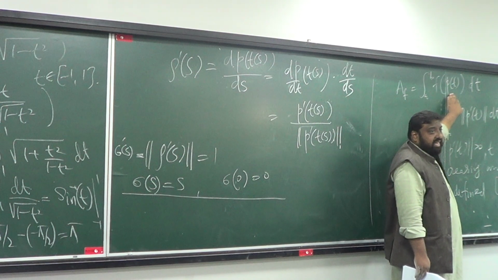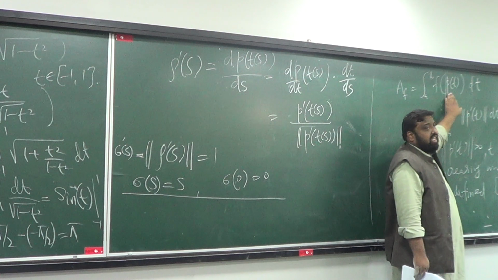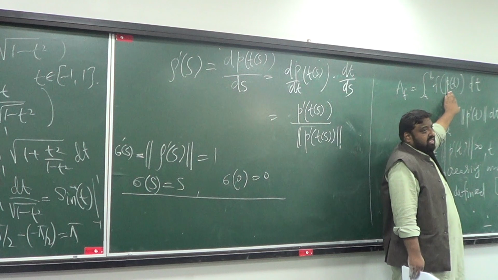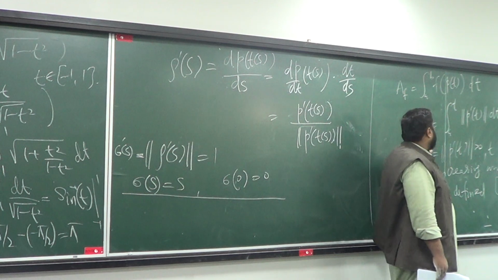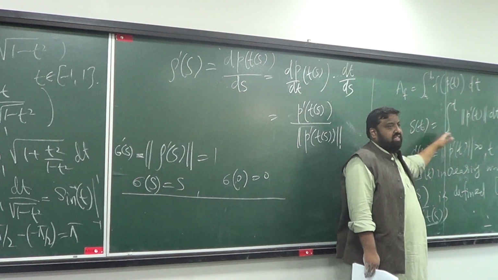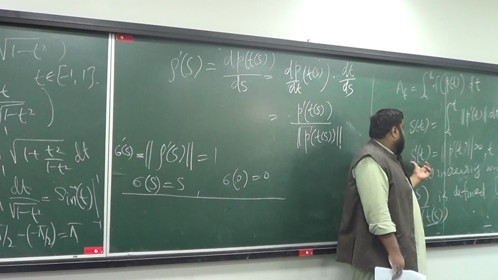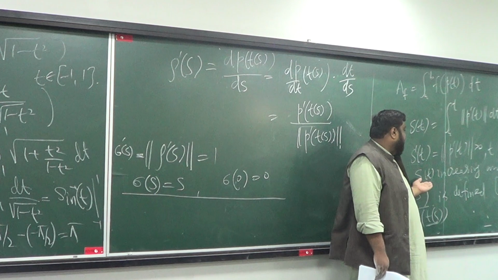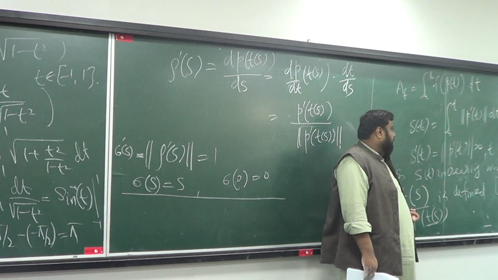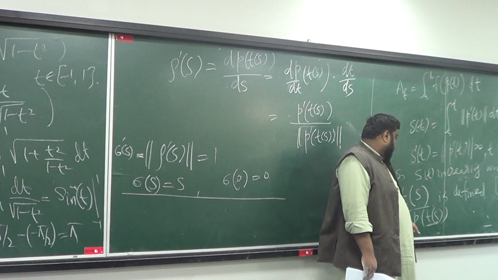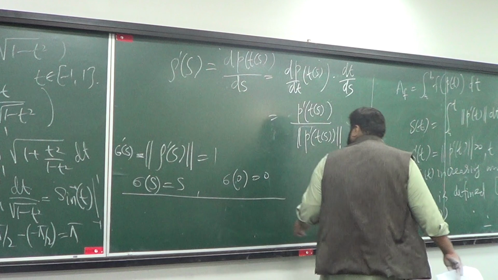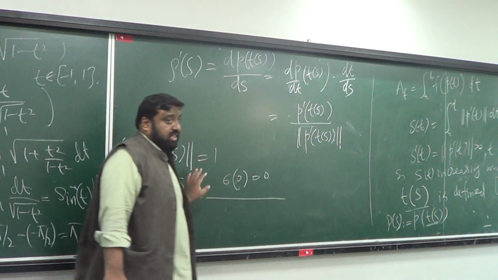So I want to make it depend on the b prime of t, and for that I want to change this parameterization into arc length parameterization. So s of t is defined in this manner, I computed s prime of t, inverted it, computed a new parameterization, and then defined what you call the arc length parameterization of the path p, and then I came to this conclusion.